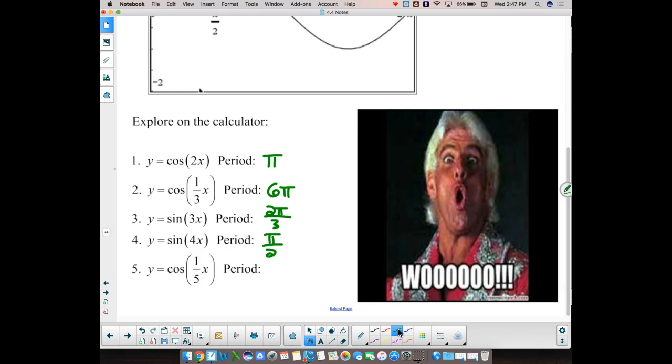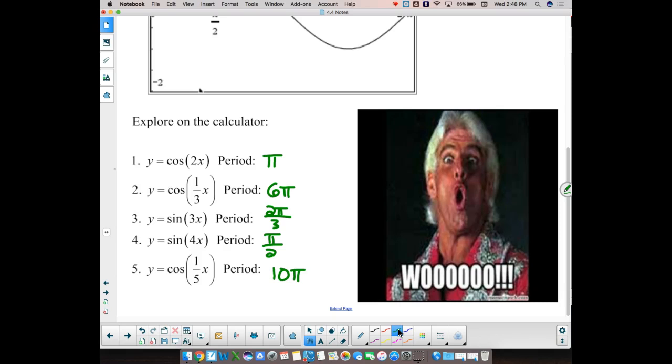Remember, the period is the amount of distance horizontally it takes to make a complete wave. And cosine of 1/5 x, that one would have been a 10 pi length period.